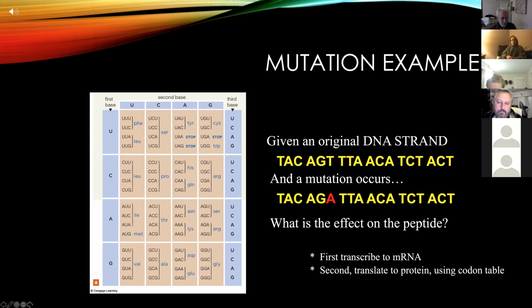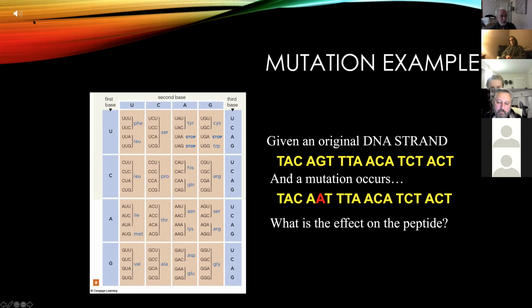So that is example number 1. Now, example number 2 is the original DNA strand. And now the mutation, instead of a G here, is an A. What is the effect of that mutation on the peptide?